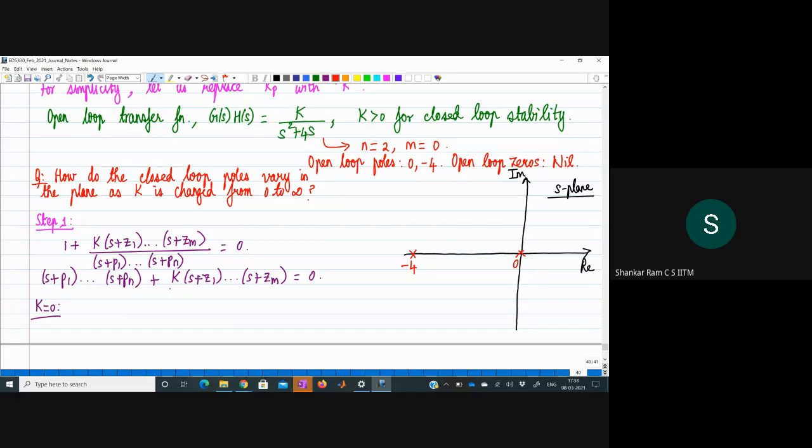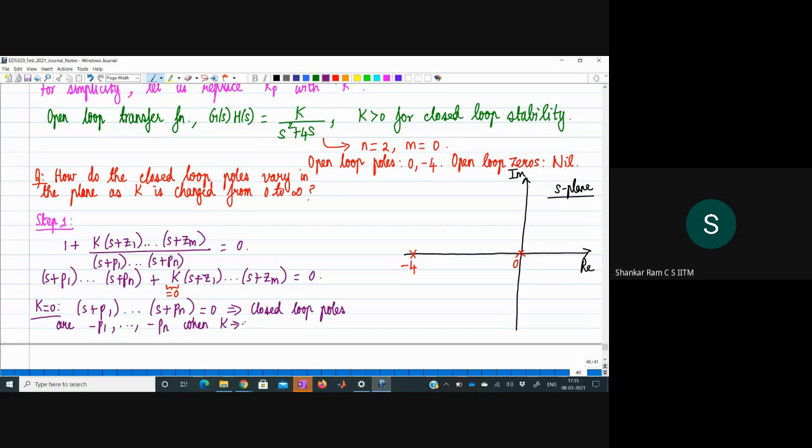Now, let us consider the case where k equals 0. What is going to happen to this equation? This is going to reduce to (s plus t1) all the way till (s plus tn). So this implies that the closed loop poles are the same as the open loop poles, minus t1 to minus tn, when k is equal to 0.